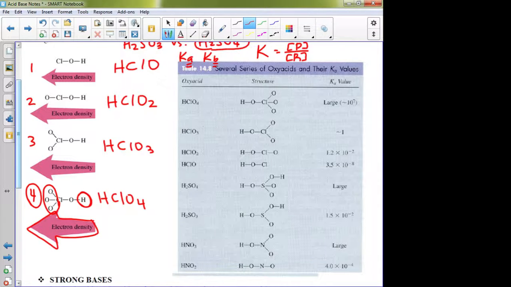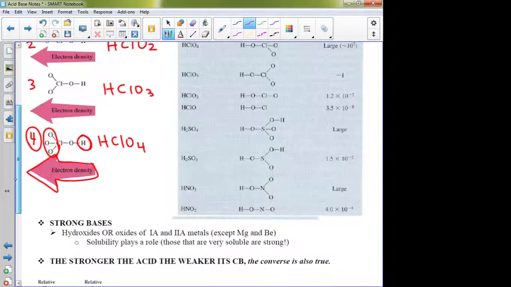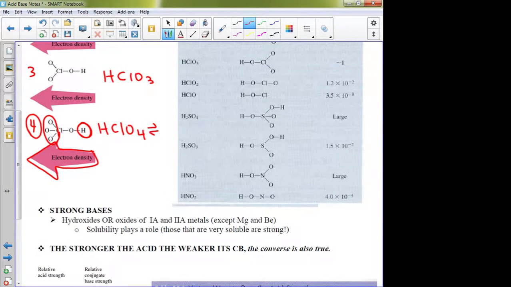So make sure you don't let the K's confuse you. They're still concentration of products over reactants. If this breaks apart completely into H positive plus ClO4 negative, should my Ka be large or small? It should be large. Why?